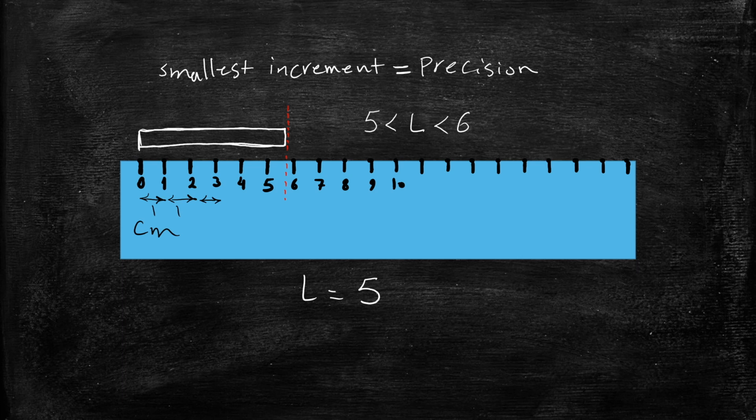Let's calculate. So 1 over 10 times the precision of the ruler, which is 1 centimeter, equals 0.1 centimeter. So your estimations have to be on the order of 0.1 centimeters, or 0.2, 0.3, all the way up to 0.9. That's the increments of your estimation, which you have to add to follow scientific measurement principles.